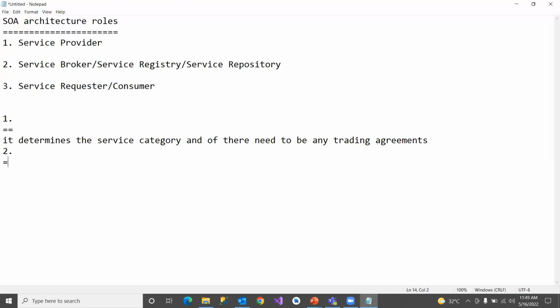Coming to the second one, the service broker. The service broker makes information regarding service availability available to those requesting it, the consumer or client. The service provider determines the service category and works in conjunction with the broker, debating why and how services are being deployed and what services are being offered.